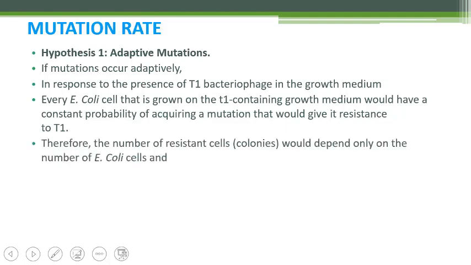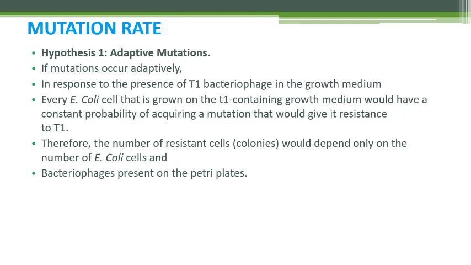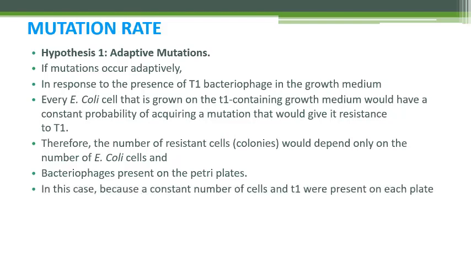Therefore, the number of resistant colonies would depend only on the number of E. coli cells and the bacteriophages present. How many bacteriophages are present in each plate and how many E. coli cells? The number of resistant colonies would depend upon these two factors, number of E. coli and number of bacteriophages, because the bacteria would mutate in response to T1 bacteriophages.